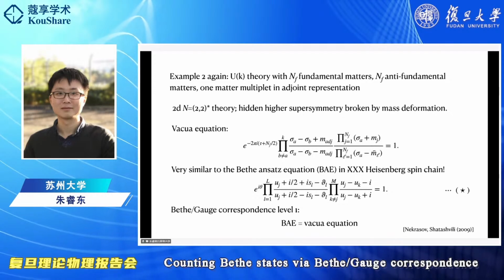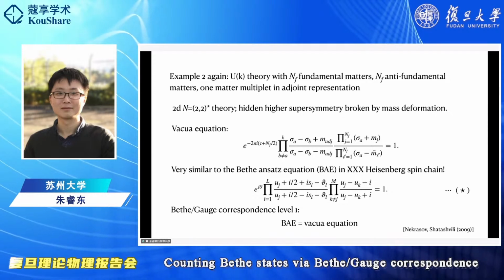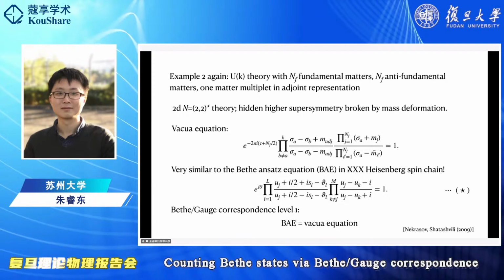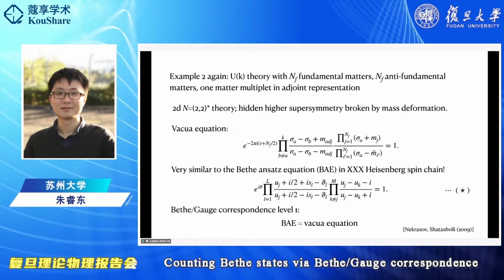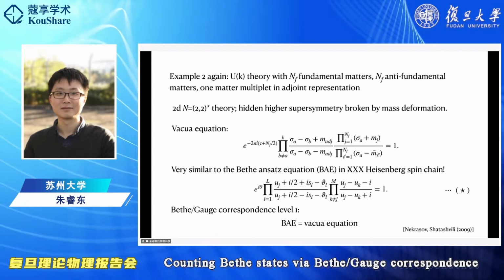Yeah, naively speaking, I would expect if we just add some perturbation, it should work. But so far we don't have a very reliable dictionary to do the calculation on both sides, so I'm not sure.